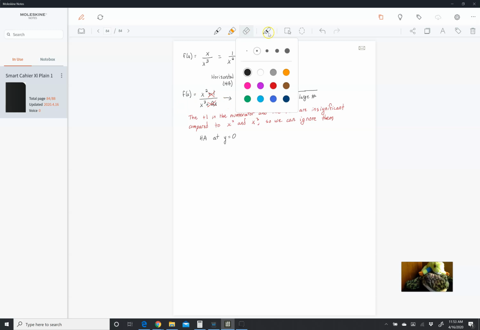So let's write that in as one of our big conclusions. I'm gonna put that in blue. If the degree of the denominator is greater than the degree of the numerator, then the denominator is growing faster than the numerator.